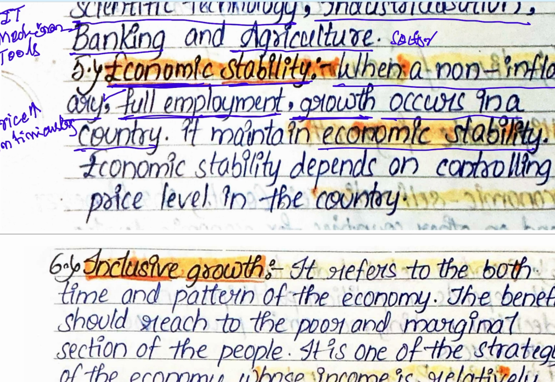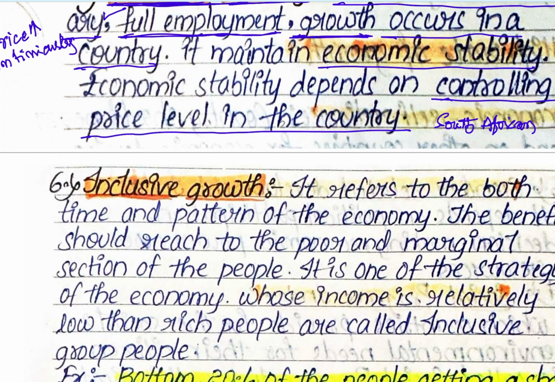It depends on controlling price levels in the country. Generally we know that poor countries like Zimbabwe and South African countries are utterly failing to control the prices of goods.